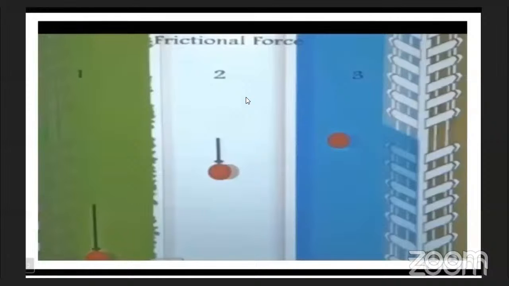Now what about surface 3? I had mentioned that surface 3 is a special surface. Surface 3 is prepared in such a way that it is frictionless. Compared to surface 2, surface 3 is more frictionless, that is, it does not exert any friction on an object placed on it.